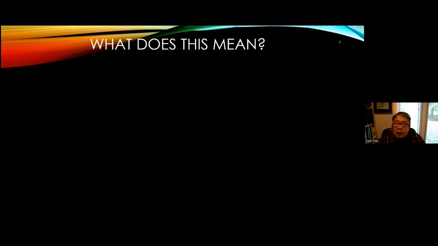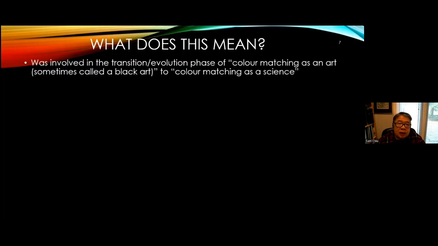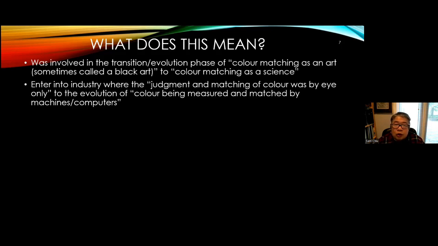So what does this mean? I was involved in the transition. Color matching before I entered was like a black art. You have a technician who pours something into something, and then voila, they make a color out of it that matches something. So it went from judgment of color by eye to judgment of color by computers.